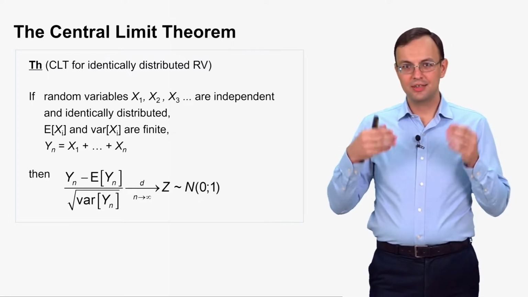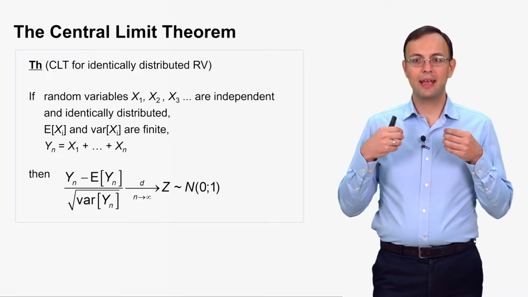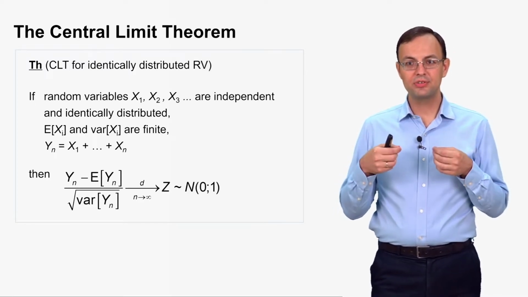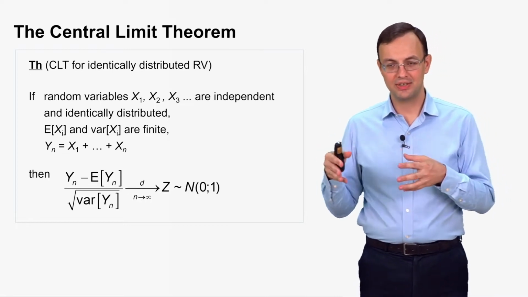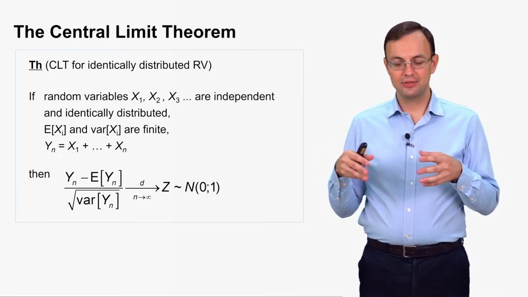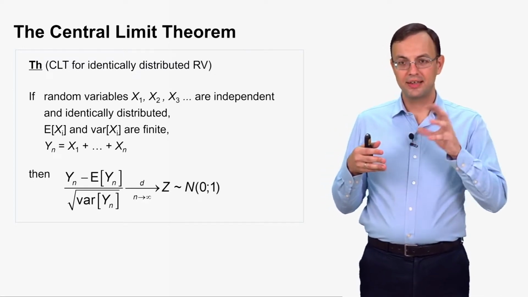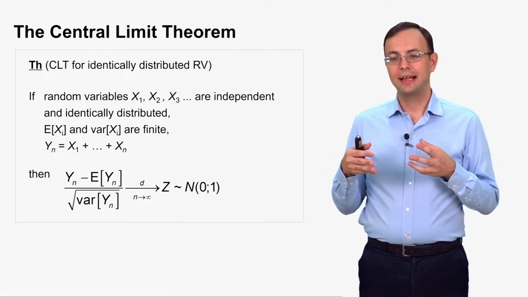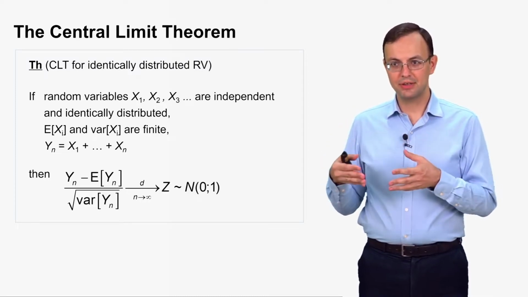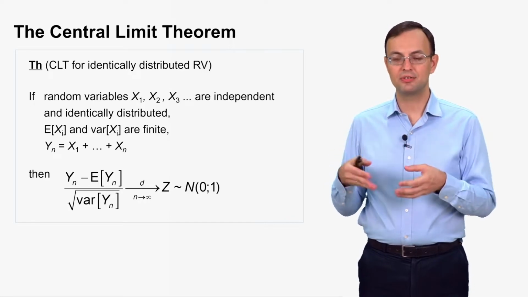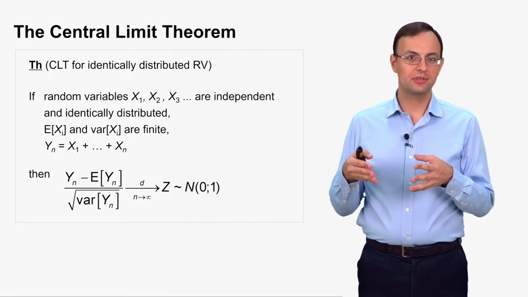So centralized and normed y tends to a normally distributed random variable when n tends to infinity. So when n tends to infinity, this random variable that we see in the left part of this formula converges in distribution to a random variable that has standard normal distribution. Standard normal means normal with parameters 0 and 1.